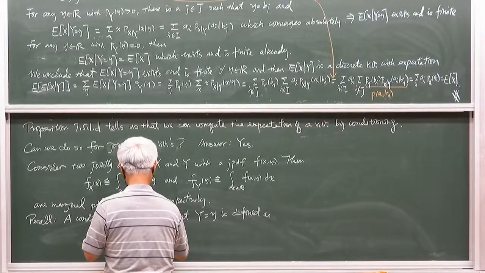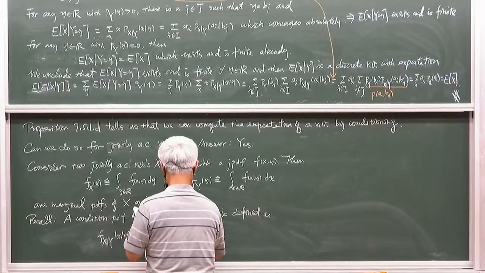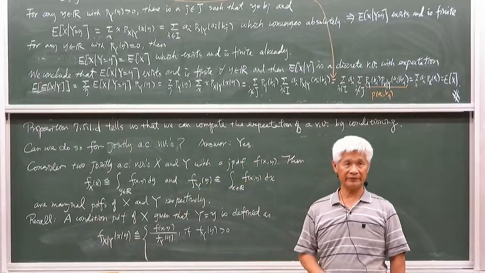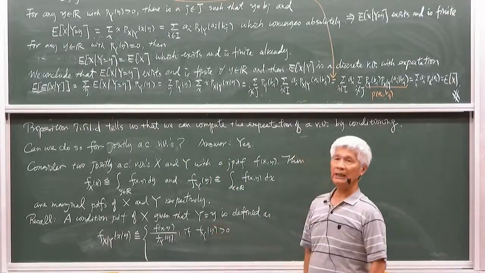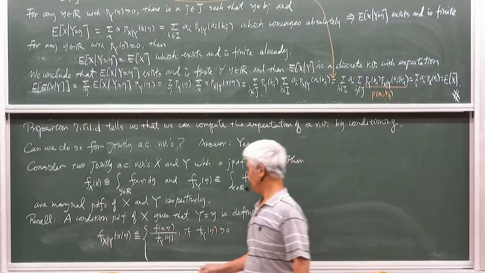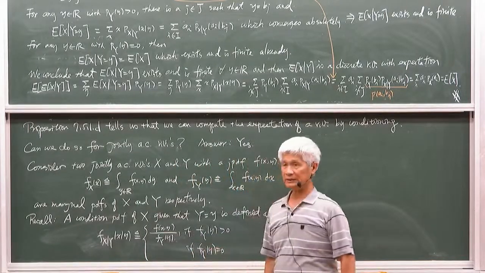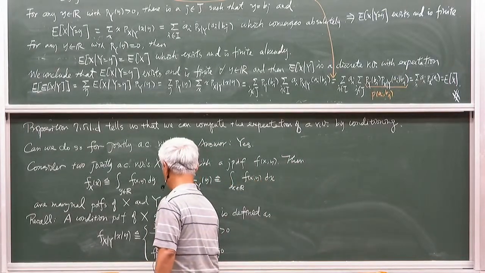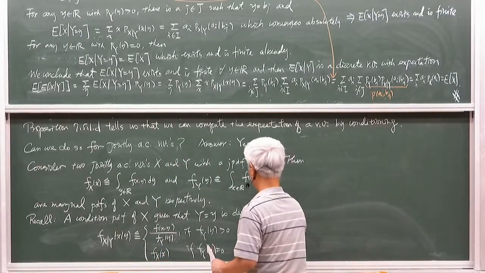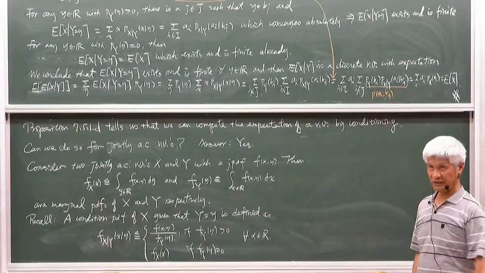We separate into two cases. If the marginal PDF of Y is positive at little y, then this conditional PDF is this ratio. But if this value is 0, then we define the conditional PDF to be the unconditional one. This is our definition in chapter 6.